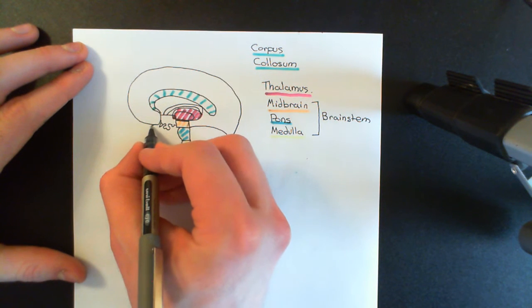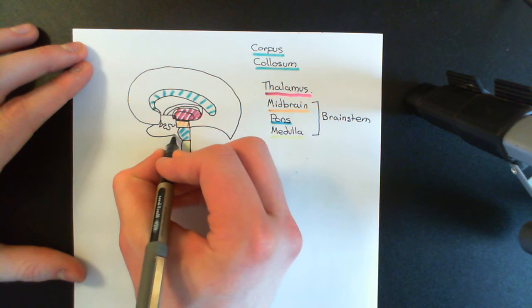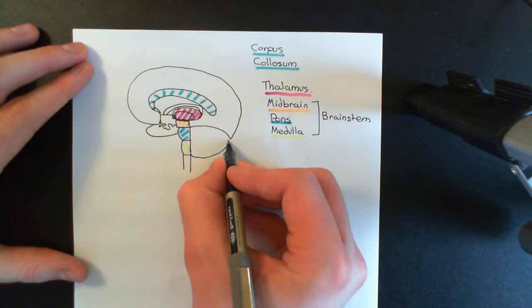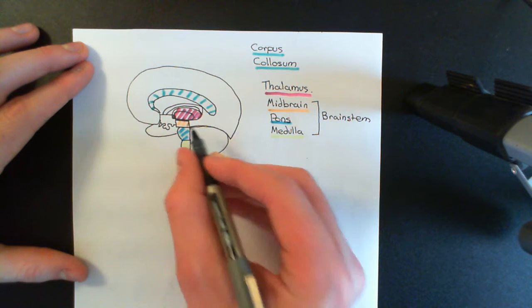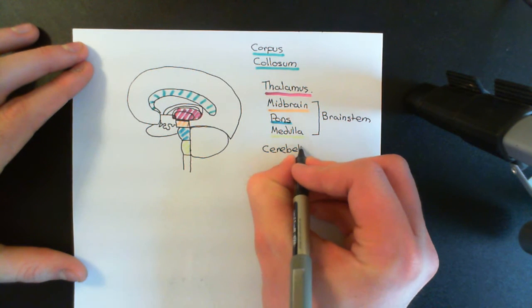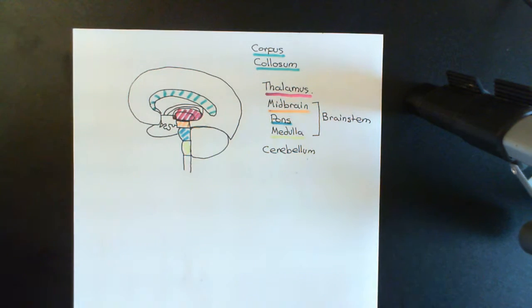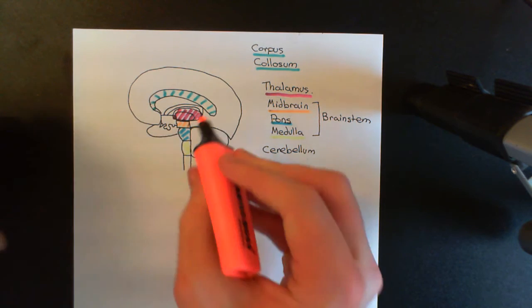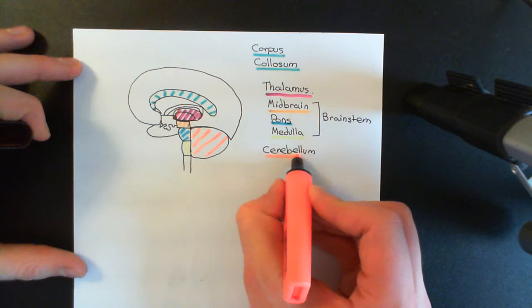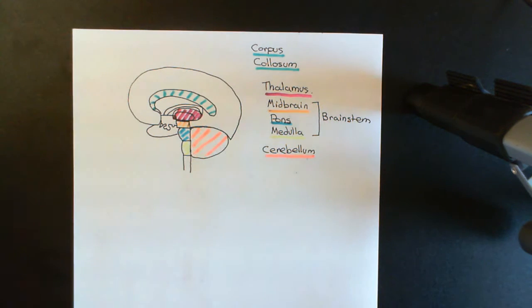And we also need the temporal lobe shown like that. And then finally, let's stick on the cerebellum. So here is the cerebellum, and I'll label that up as well. So we'll colour code the cerebellum in, what colour should we have? Red, I think.